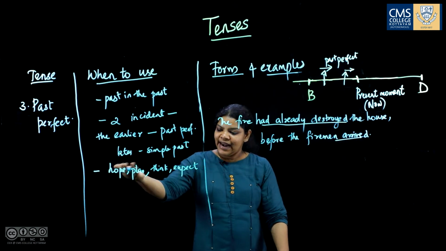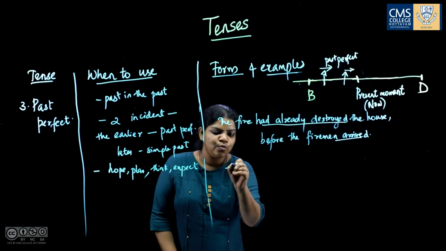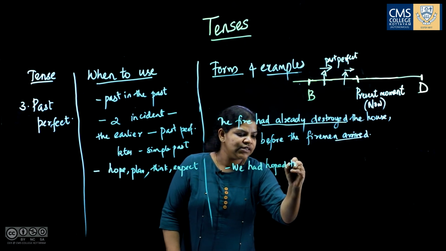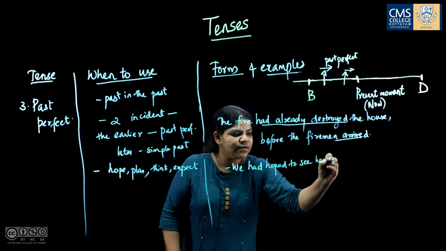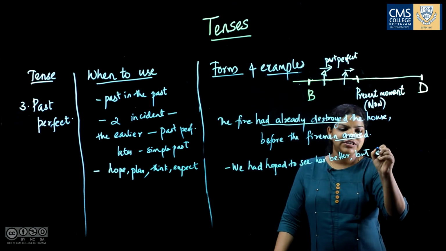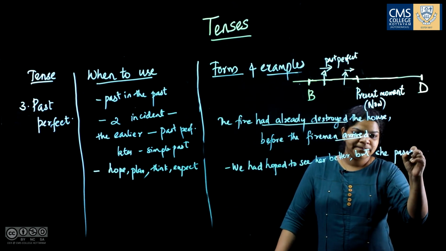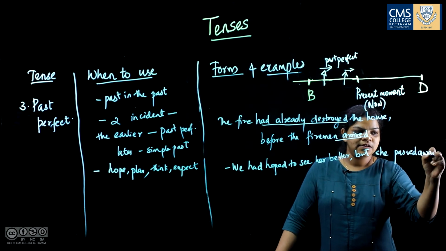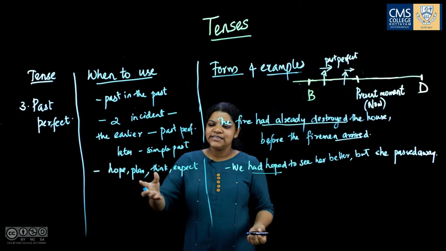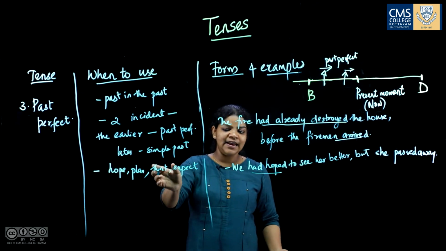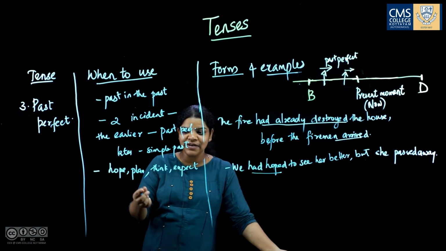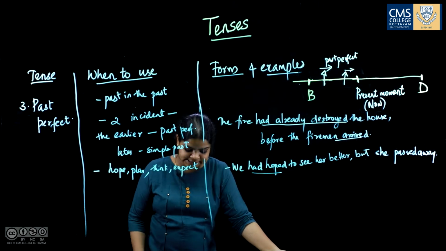So an example would be, we had hoped to see her better, but she passed away. So along with the words like hope, plan, think, expect, if you want to say that what you had hoped or expected did not happen, you can use the past perfect tense.